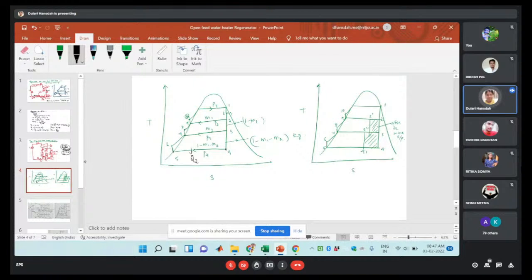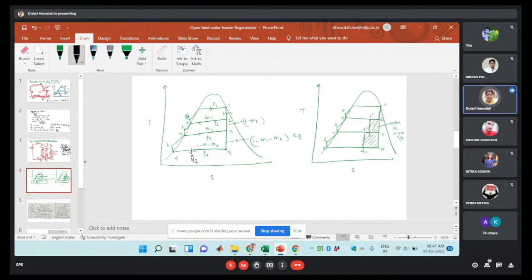So similarly in this case, 3 to 3 dash, this amount of heat is lost to increase the temperature of this one. Okay, so if you observe in this case, your expansion process will be in step format, like this the expansion will be achieved.